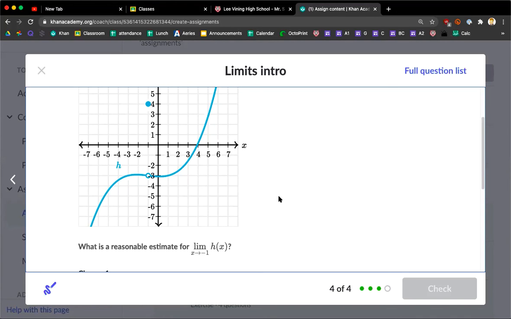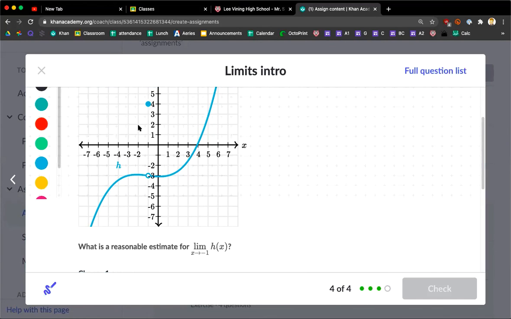I don't know. It seems like you might say it does not exist because there's this point up here at 4, and then there's the line down here at -3, right? So it seems to be diverging. But this is one of those times where you want to ignore what's happening at that point. My wall that I'm drawing right here goes through that point. Anything on the line, I don't care about.